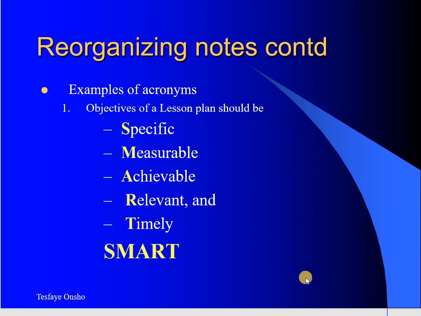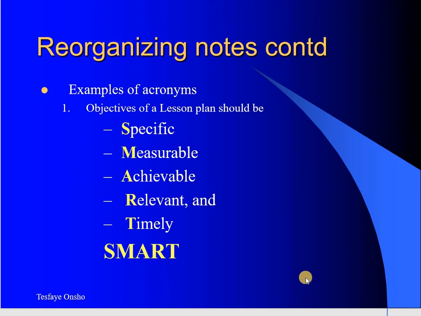These are the acronyms we know, like SMART objectives. If you go to planning or some kind of business area, this comes up now and then. SMART is a word by itself, but when they say SMART, it's a measuring unit for objectives.